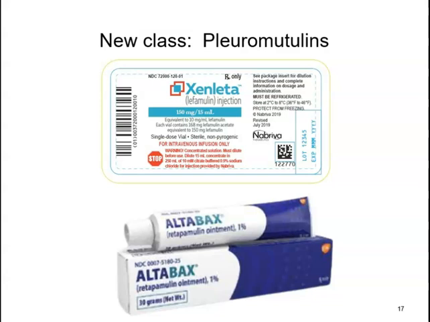So that cream that you see down below, Altabax or retapamulin, is used to treat impetigo and basically guard against staph and strep infections. And the new one, lefamulin, is the first one that's been made for IV and oral administration.